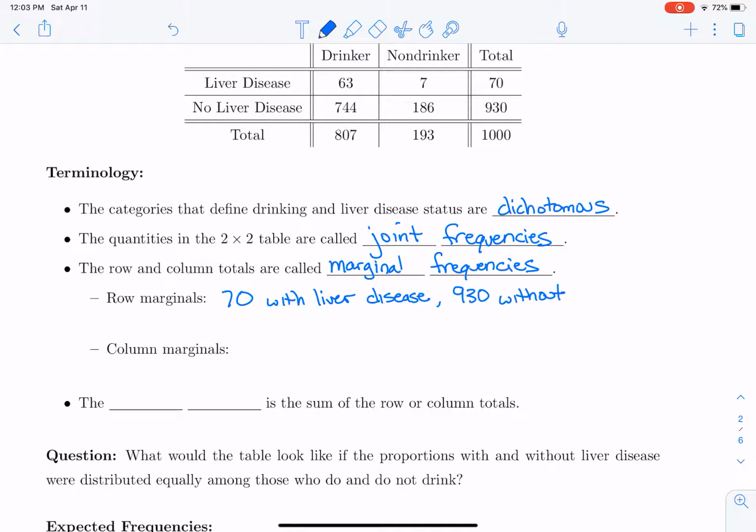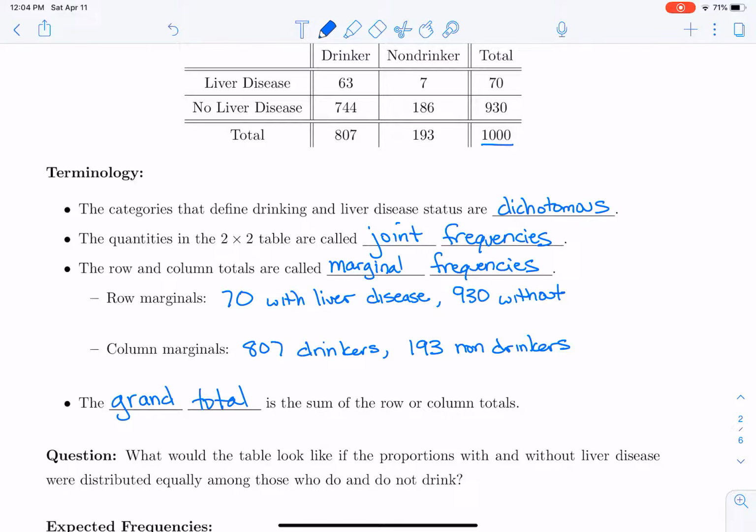For the column marginals, we have that 807 people are drinkers and 193 are non-drinkers. Okay, and then the 1,000, we call that the grand total. That's the sum of the row or the column marginals.